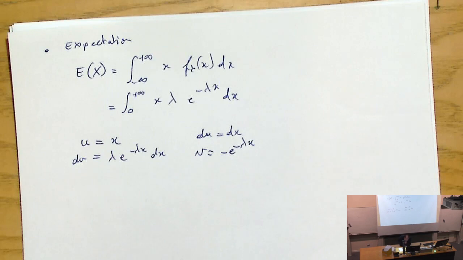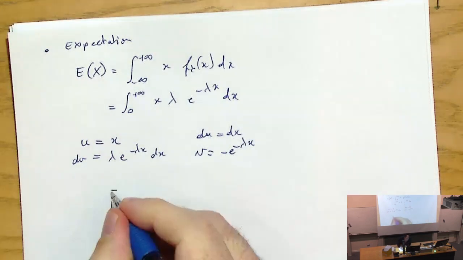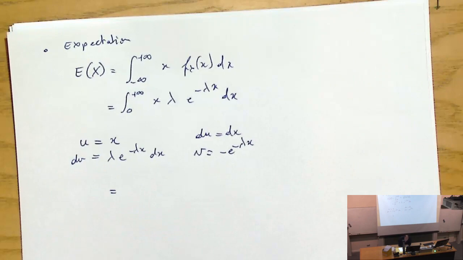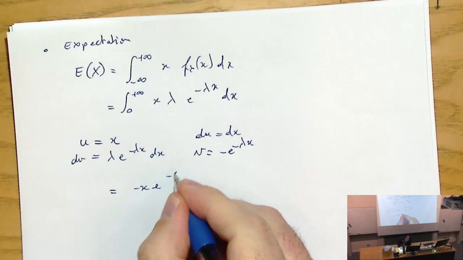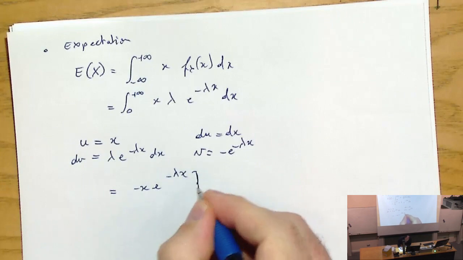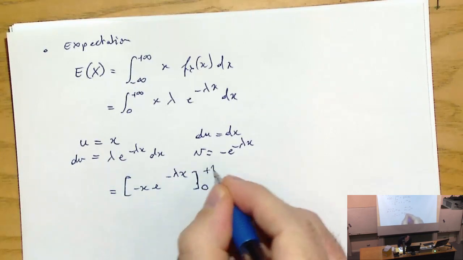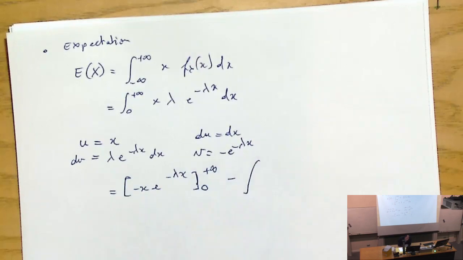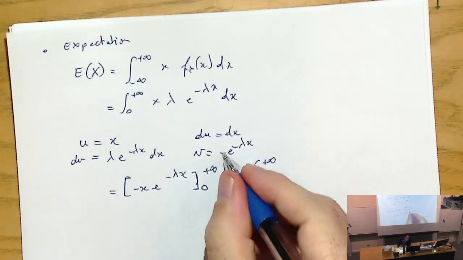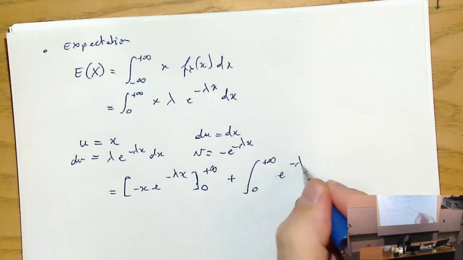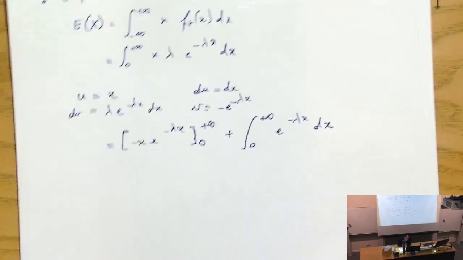So once we have this, we can compute this integral. That's uv, that's x multiplied by e^(-lambda x), between 0 and plus infinity, minus the integral of v du, which is minus and minus, that's plus e^(-lambda x) dx.